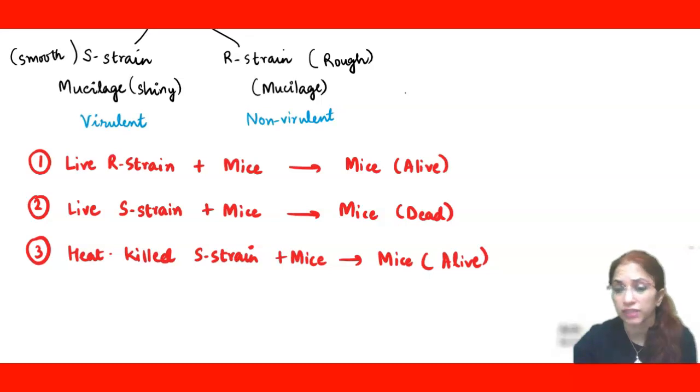That's why the mice were alive, because they did not develop pneumonia. So he proceeded with the fourth experiment, and he used this heat-killed S strain along with live R strain.